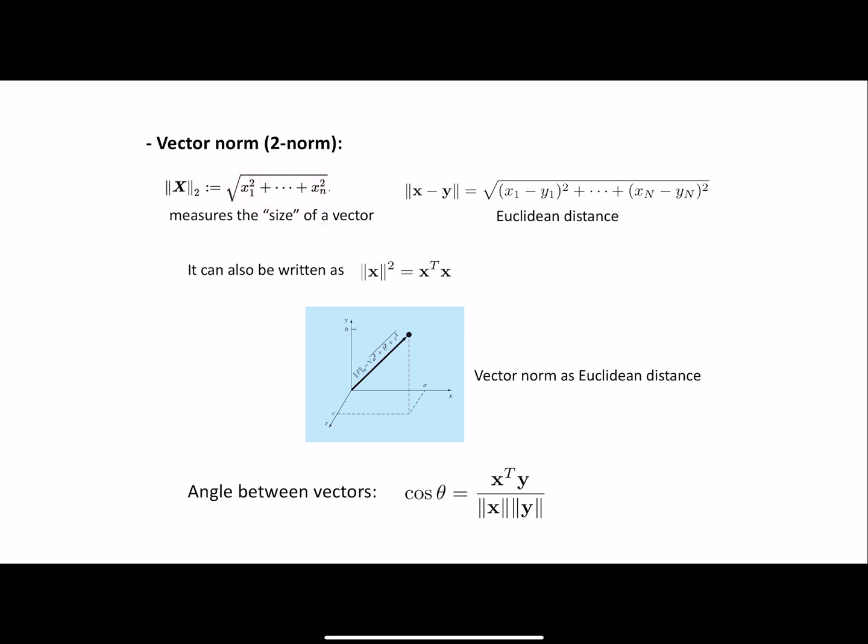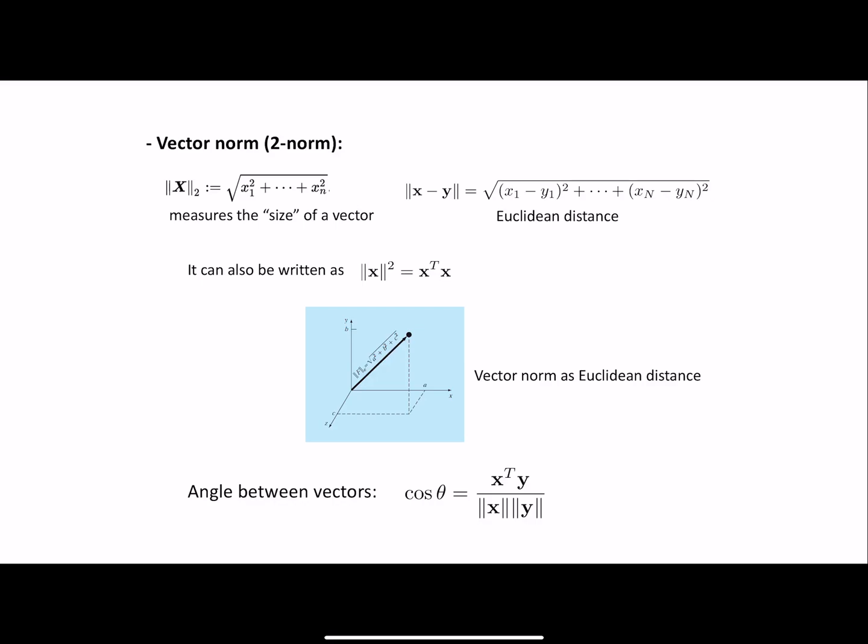If you think about this, this is the Euclidean distance between two points in 3-dimensional or 2-dimensional space. We write this length of a vector, which we call a norm, with double lines next to the vector. And this is a definition. This is how we define the norm.